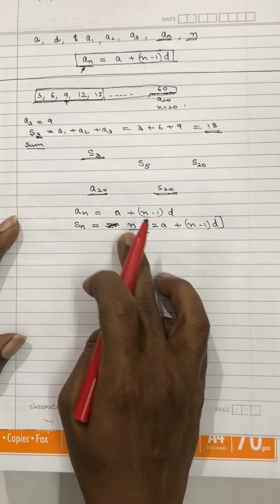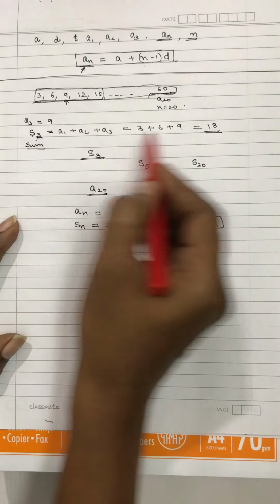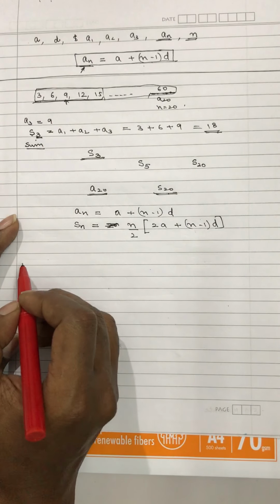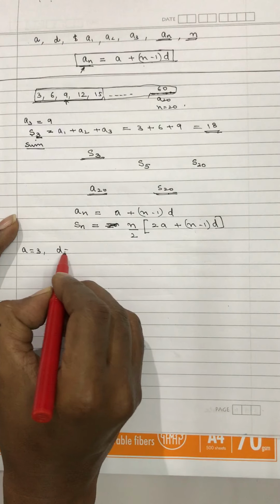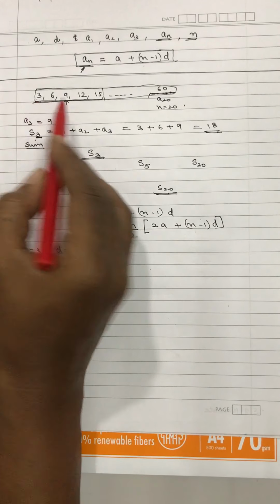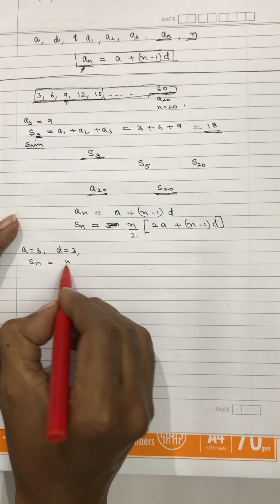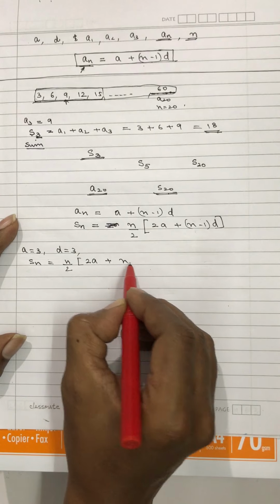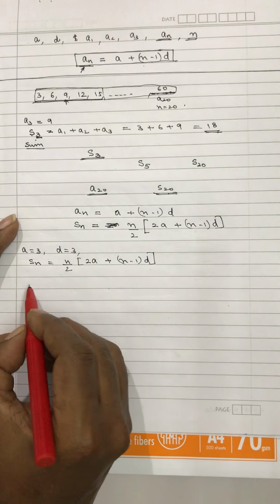Sn is equal to n upon 2, where n means whichever number of terms you are talking about.